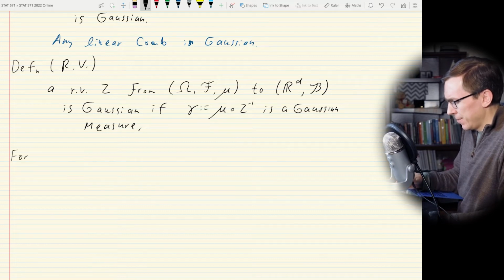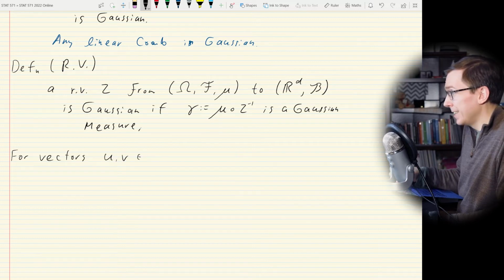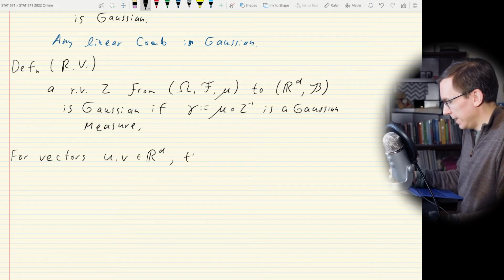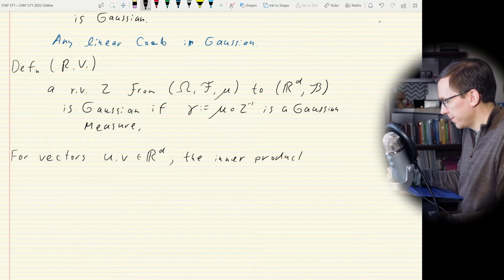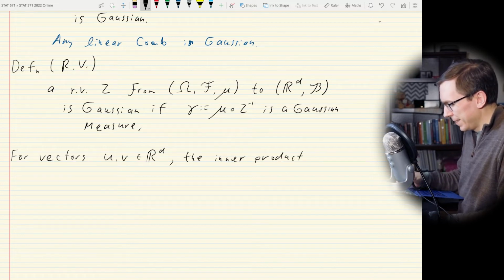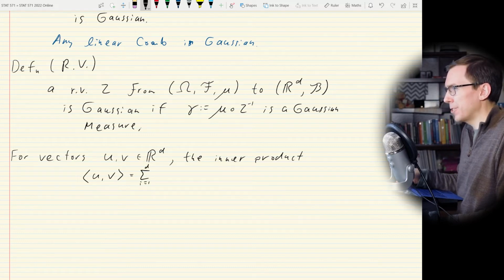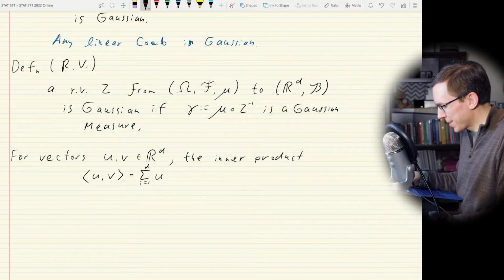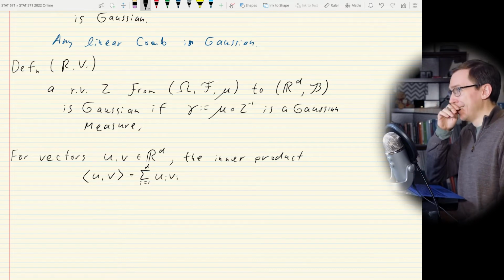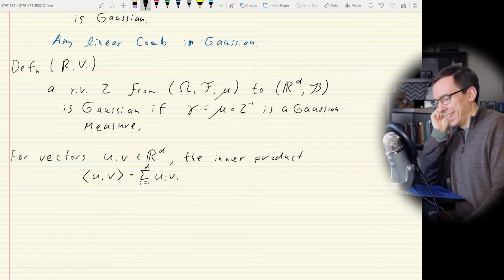So for vectors u and v in R^D, the inner product, the dot product, u, v in angle brackets like this, is just going to be the sum i from 1 to d. Probably should stop using i because I'm going to need complex numbers in a second, but we'll use it for right now, just so I don't mess up my indexing.